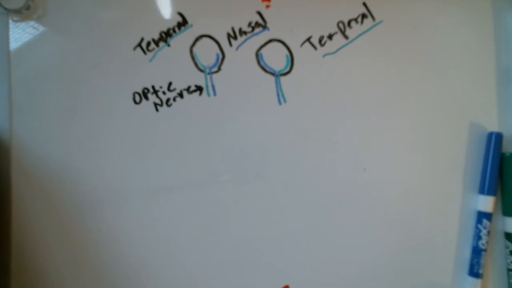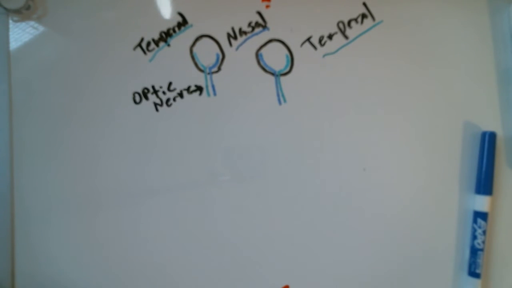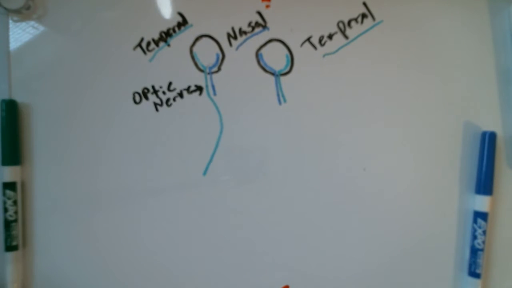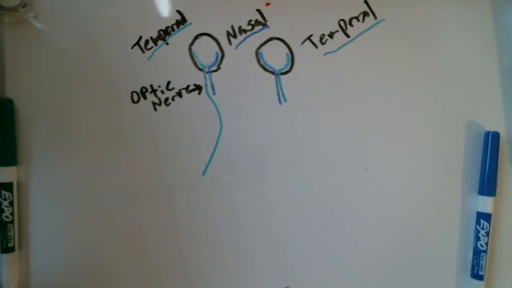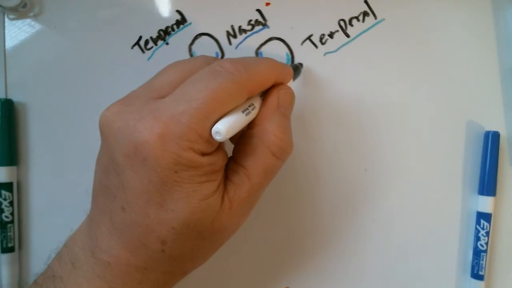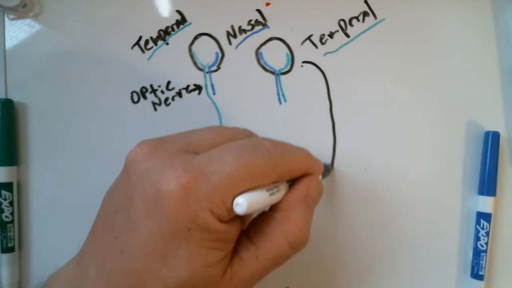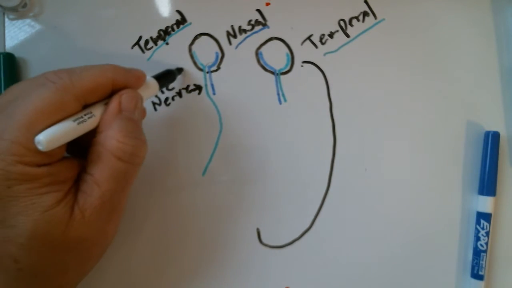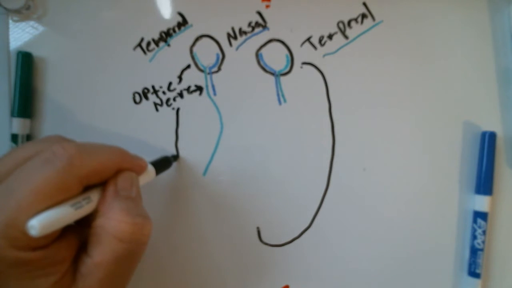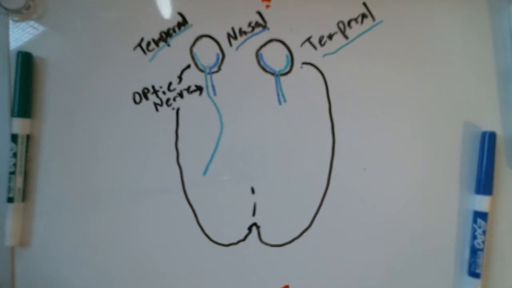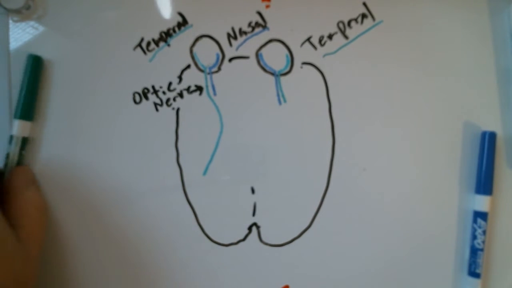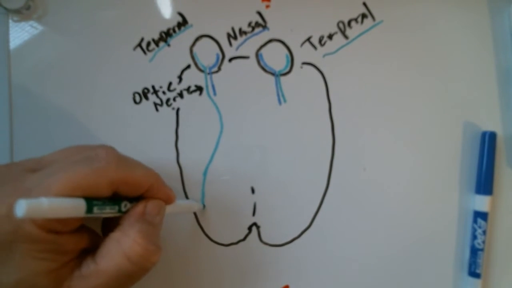Then they split apart. So it comes back to the back portion of the brain. Let's draw a little bit of a brain in here so you can see that's what we're dealing with. That's not what the brain looks like, but it gives us a place to draw our lines to. So it comes back here to the back portion of the brain.